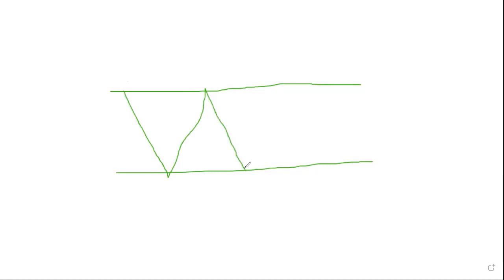Goes up, rejects or bounces off, comes down, bounces off, goes up, bounces off, and comes down. So the upper price here is what we refer to as resistance.